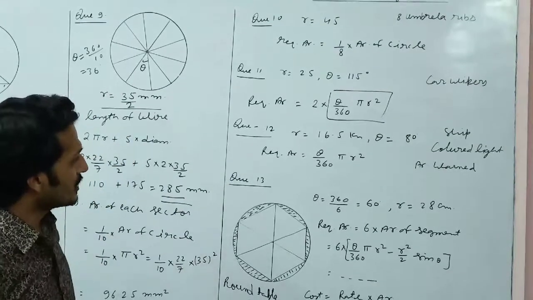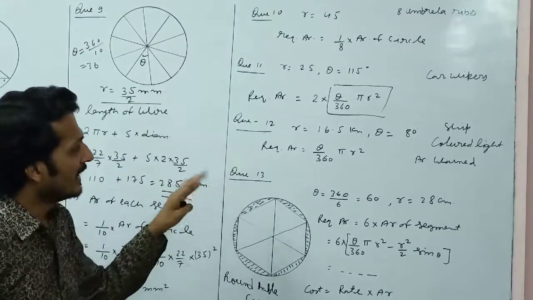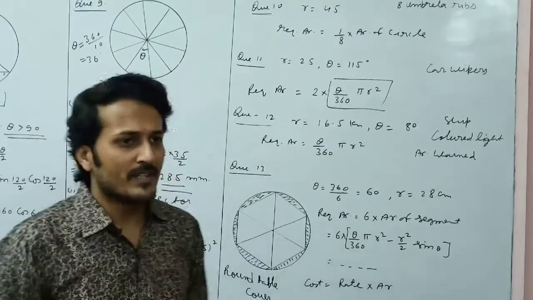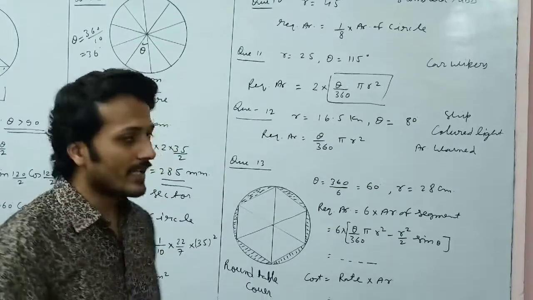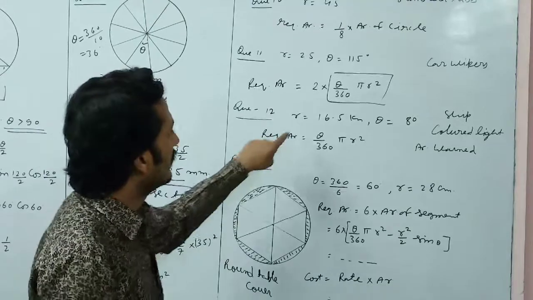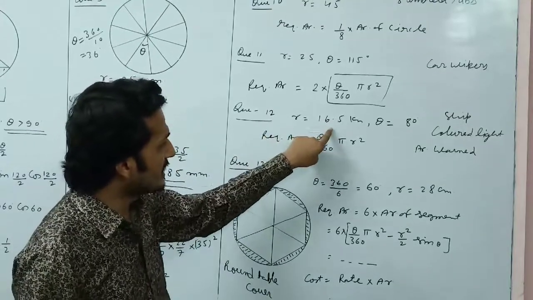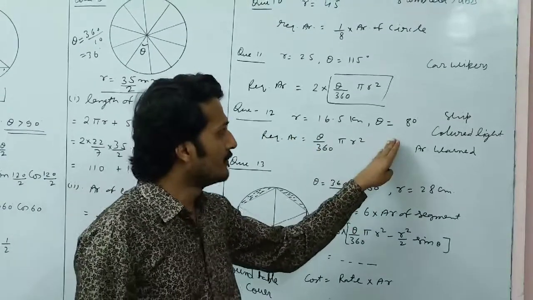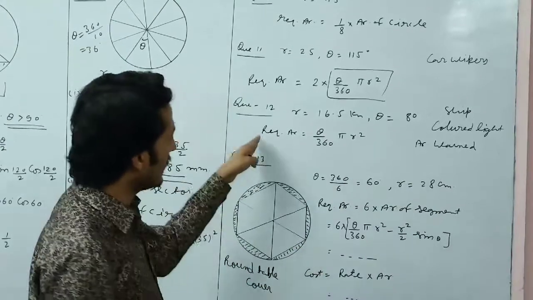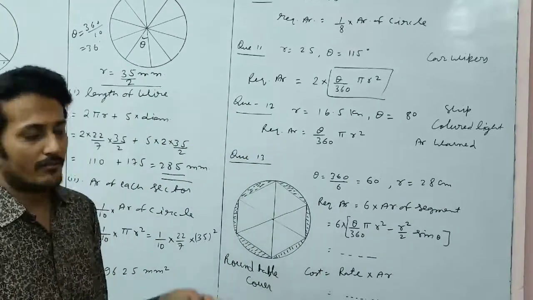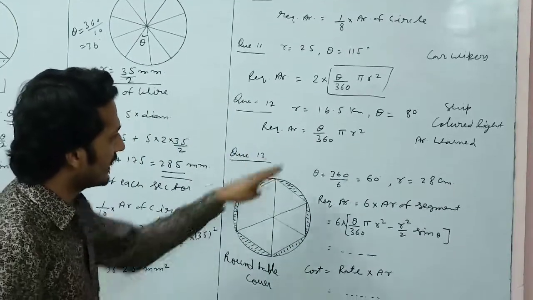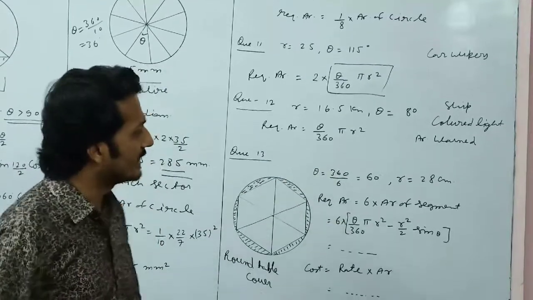Now the next question is question number 12. In this question it is given that there is a ship which is spreading a light. The radius is 16.5 kilometer and the angle is 80 degrees. So put the values in the area of sector, that is theta upon 360 pi r square, and we get the required result.